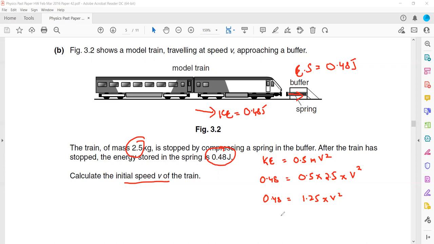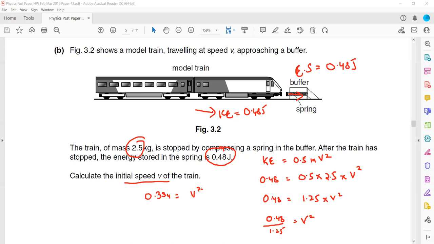1.25 is multiplied on one side, so on the other side we divide. So 0.48 divided by 1.25 will be v squared, and that gives us 0.384. That is the answer for v squared, but we don't need v squared, we need v, the speed.